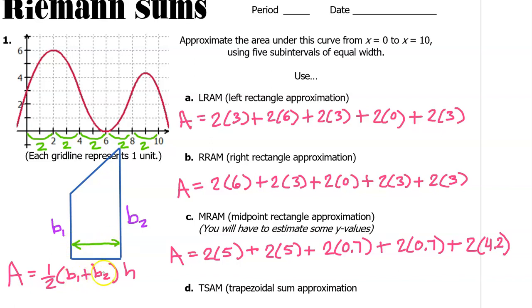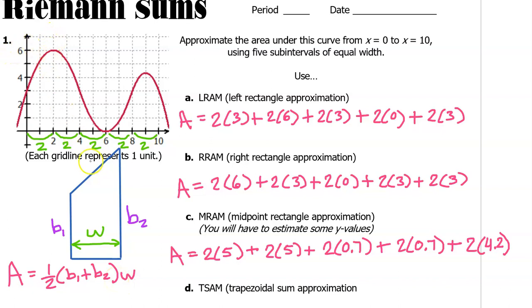So this is the height that we were referring to when we said 1/2 base 1 plus base 2 times height, but we will probably be more comfortable referring to this as a width now. So if I write the formula this way, it'll be 1/2 base 1 plus base 2 times that width.